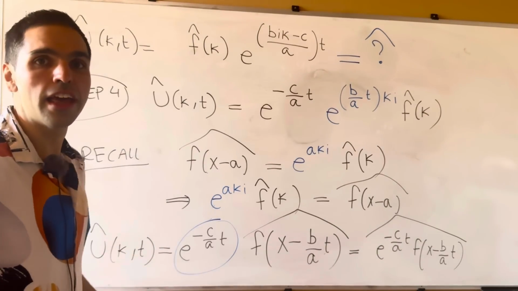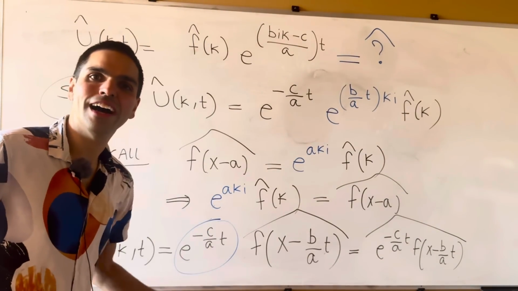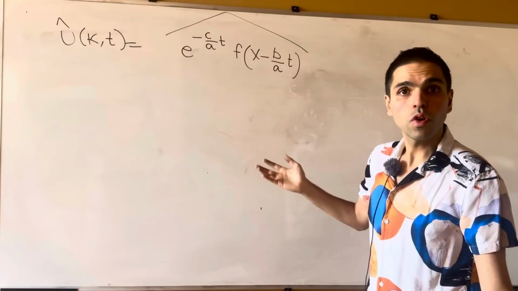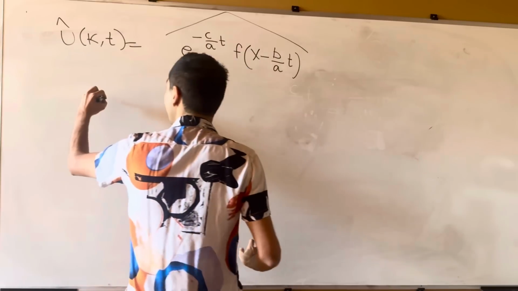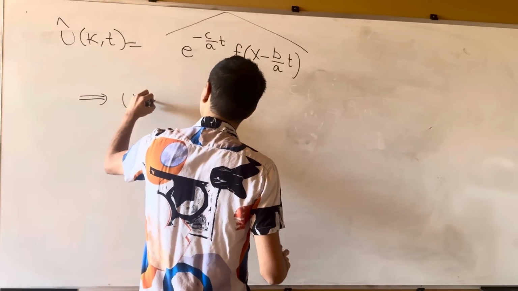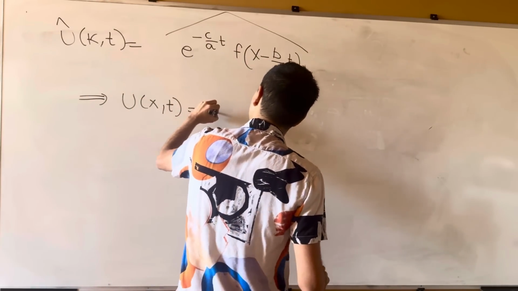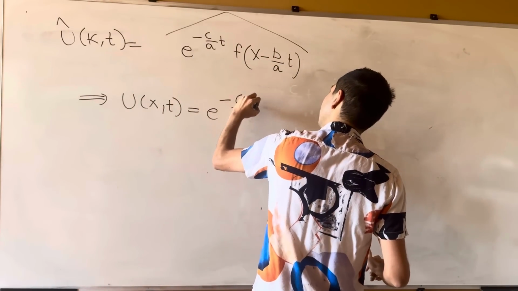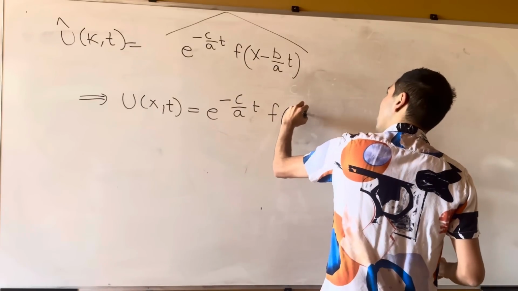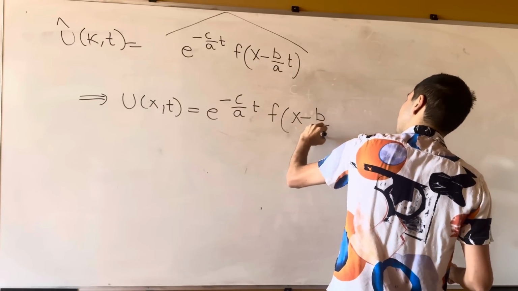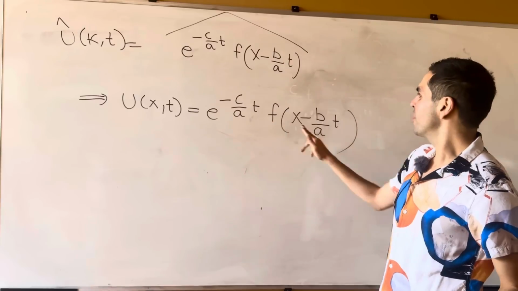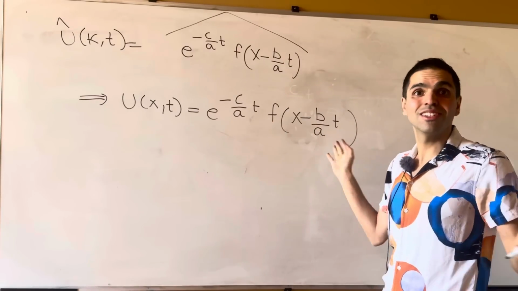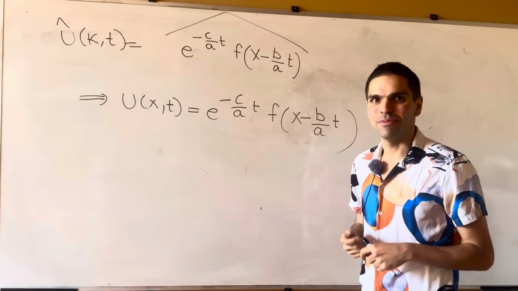And so in the end, we can just remove the hats. So I want to remind you, u hat is this mystery function hat. And so u of x,t now becomes e to the minus c over a t times f of x minus b over a t. And the cool thing is, if you plug in t equals 0, you'll see that at least the initial condition will be satisfied.